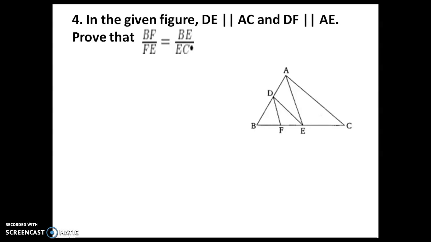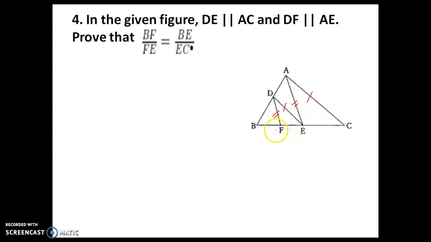Okay, so it is given that this line DE is parallel to AC. These two lines are parallel, and DF is parallel to AE. It is already given in the question.